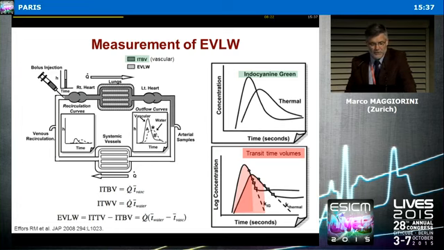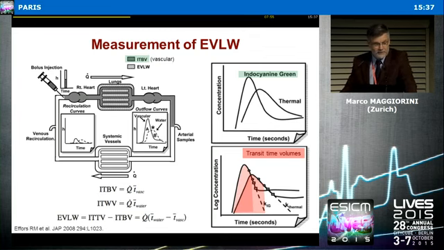This was the initial concept, where you have indocyanine green and a thermal dye combined within one syringe. You inject a certain volume into the vessels, and these two indicators travel through the thorax and are detected by a sensor at the level of the femoral artery.